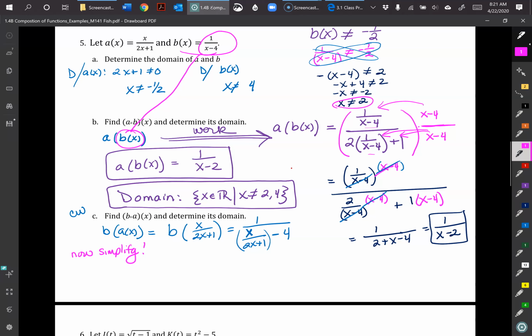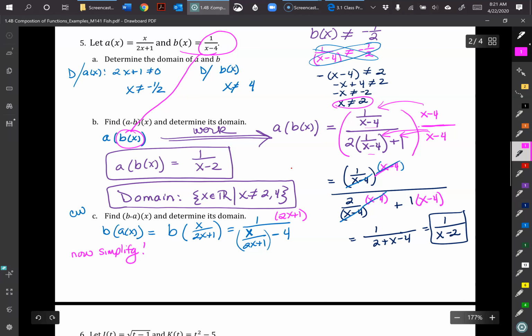So now we need to simplify, and to do that we can do a couple of different things. You might try, but clearing the denominator works well here. So we're going to go ahead and multiply every term by the 2x plus 1.